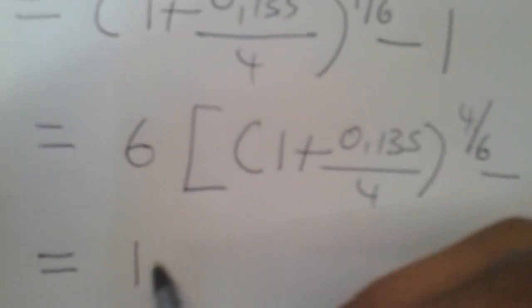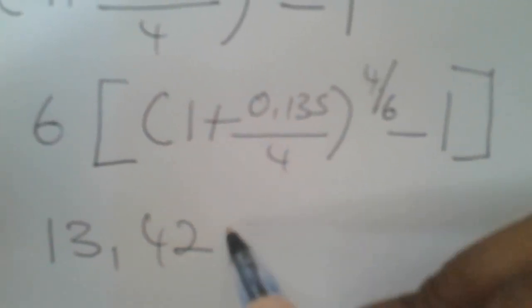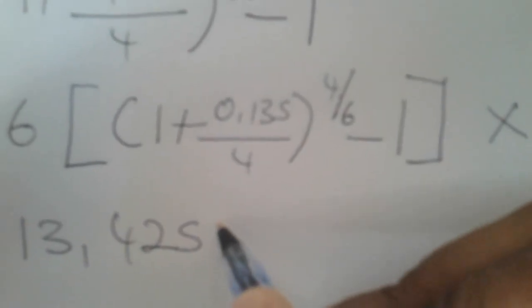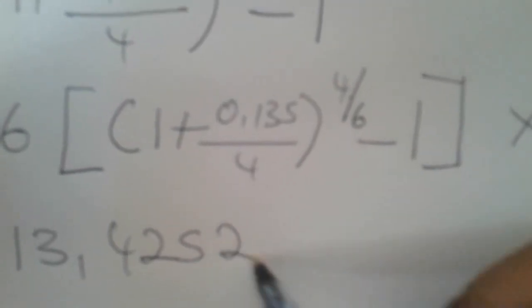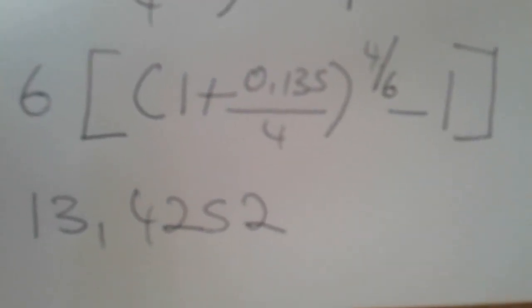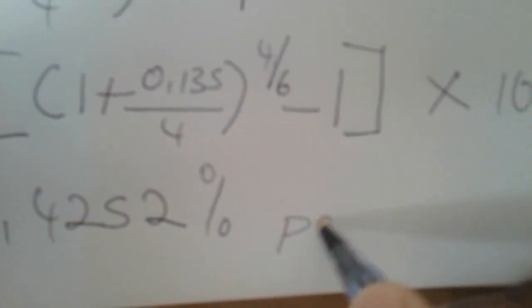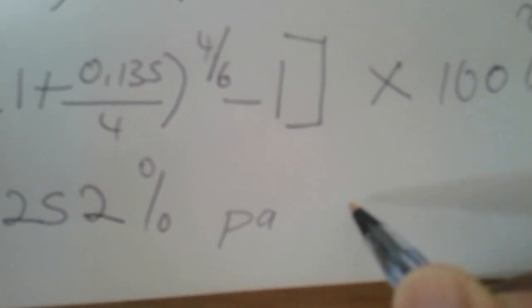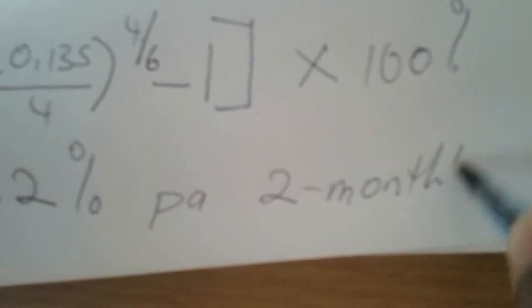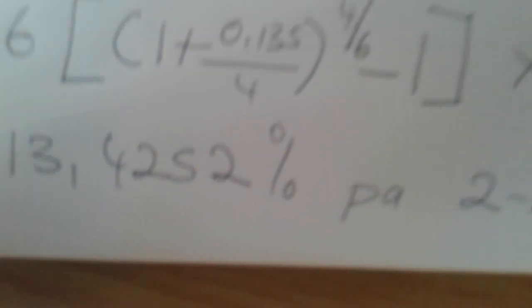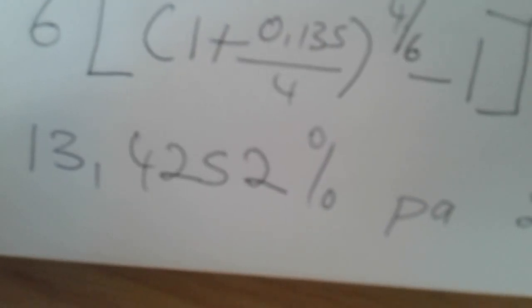It's now 13.4252% per annum, but compounded 2 monthly. So that is the first part, to get a rate that is compounded 2 monthly.